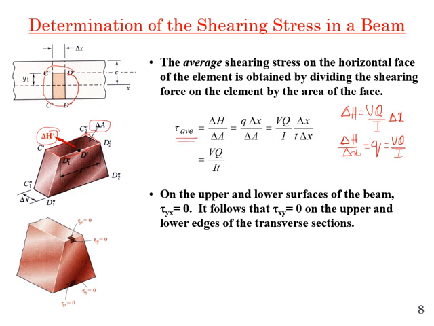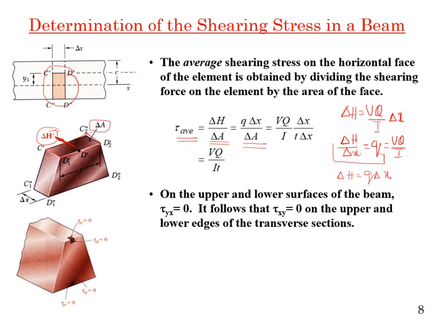So this average shear stress, tau average, is delta H by delta A. Or delta H I can replace with q. So delta H is also equal to q times delta x.